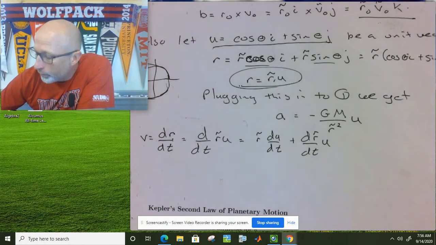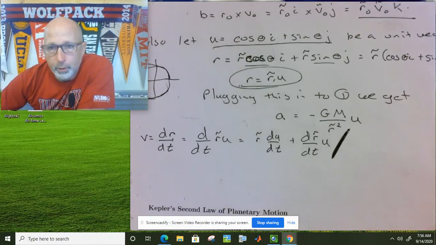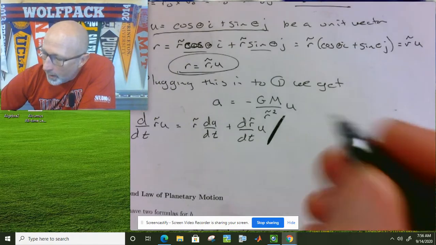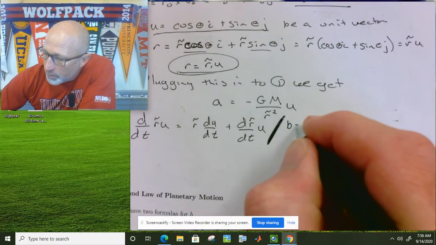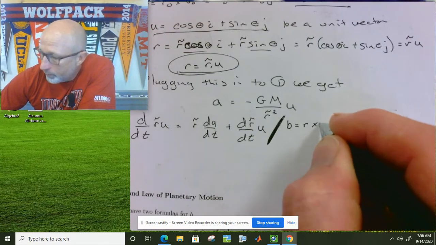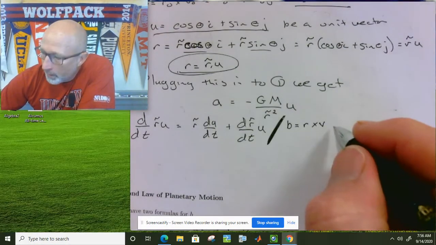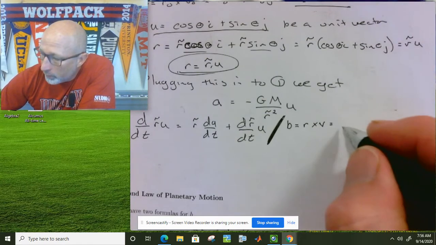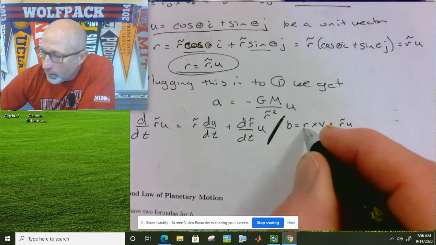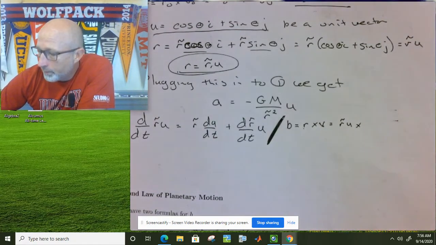I'm going to end up running out of room here, so I'm just breaking it here. I didn't plan accordingly. I also know that b, which is equal to r crossed with v, the position with the velocity, is therefore equal to r tilde u, because that's what r is, crossed with v.